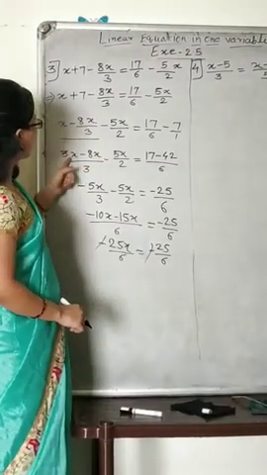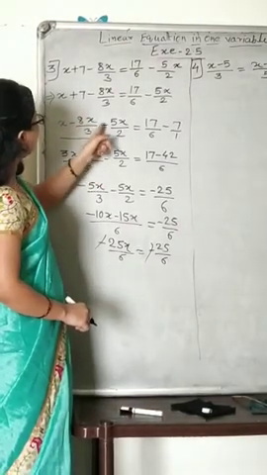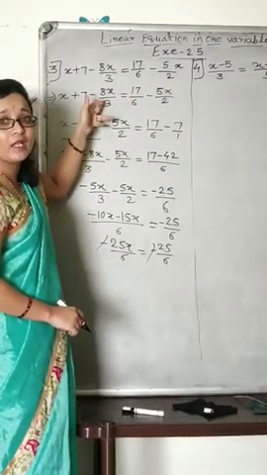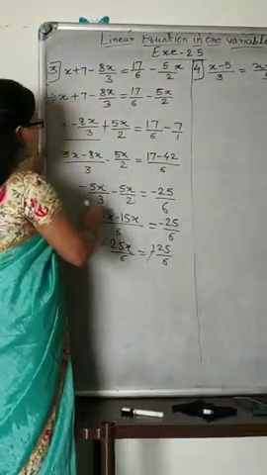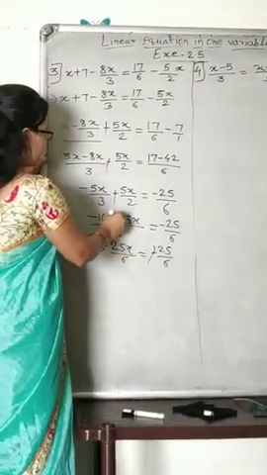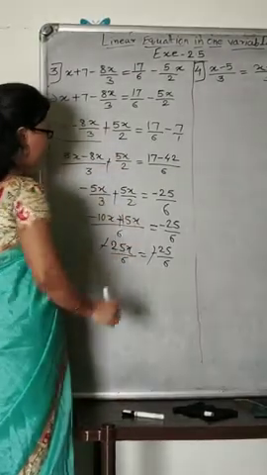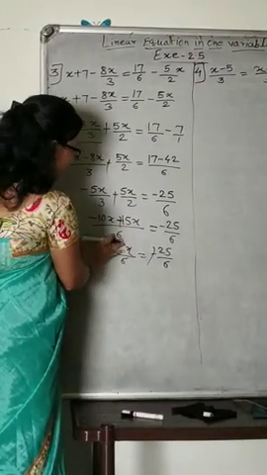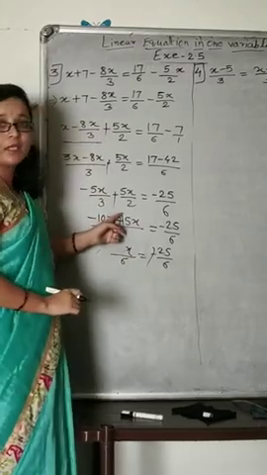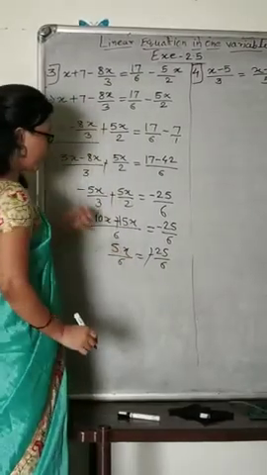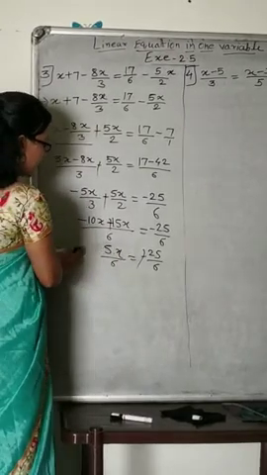One more time we will check if it is correct or wrong. 3 into x, 3x minus 8x will be there. Then here minus 5x will come to LHS, it will be plus 5x. Here will come plus, and then here also will come the plus 15. It will not be addition, it will be subtraction, because plus 15x minus 10x, it will come 5x upon 6 and the bigger number sign is plus.